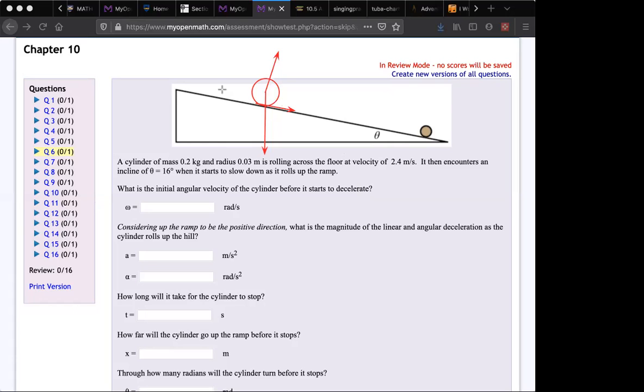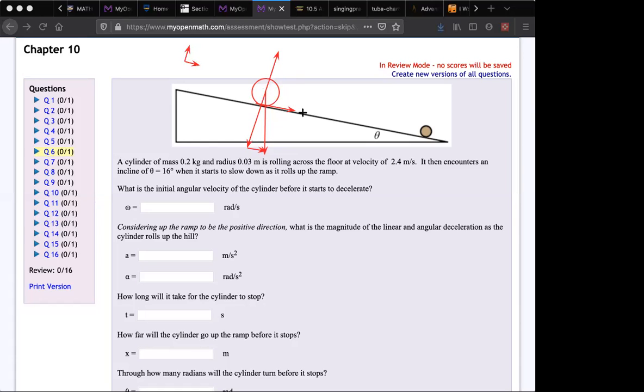Now we're going to do everything in a coordinate system that is perpendicular and parallel to the ramp. That means our weight is going to have two components, one that is perpendicular to the ramp and one that is parallel to the ramp. Then we need to talk about which force is accelerating this thing down the ramp.